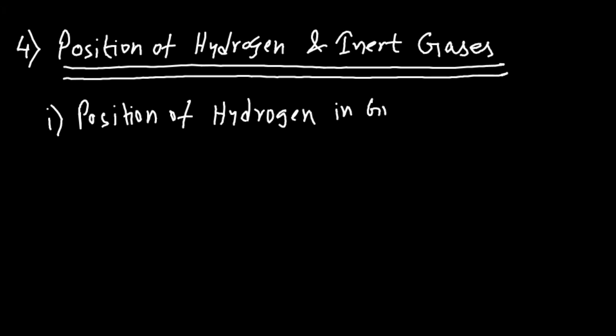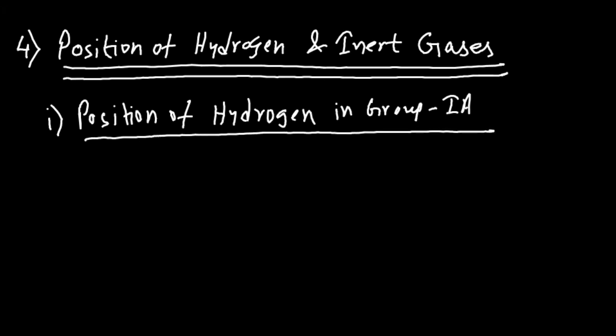This is because the electronic configuration of hydrogen is 1s1. So like other elements of group 1A, like sodium, potassium, rubidium, the valency of hydrogen is 1. It is univalent, with 1 valence electron. So we can easily place hydrogen in group 1A.